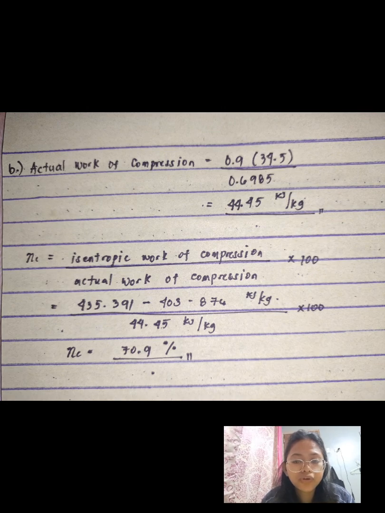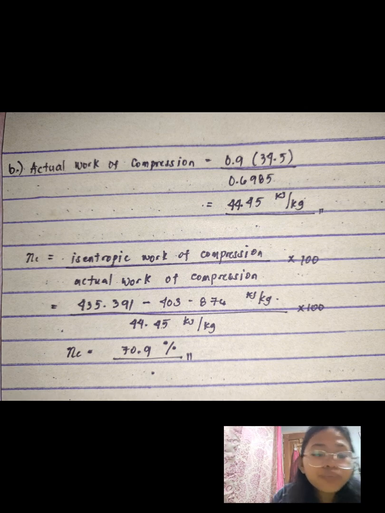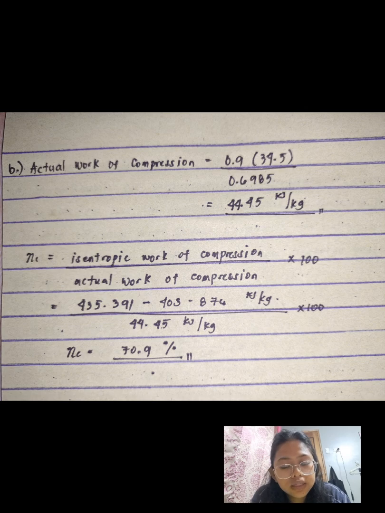Next, for letter B, to solve for the actual work of compression is equal to 0.9 times 34.5 over 0.6985, which is equal to 44.45 kilojoule per kilogram.